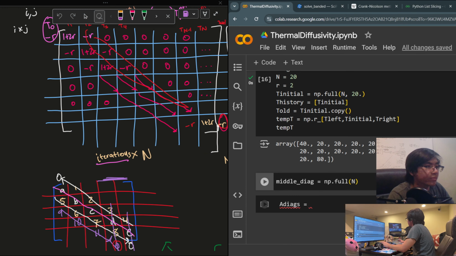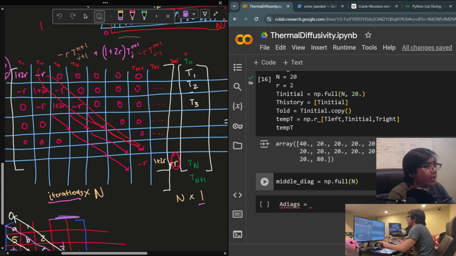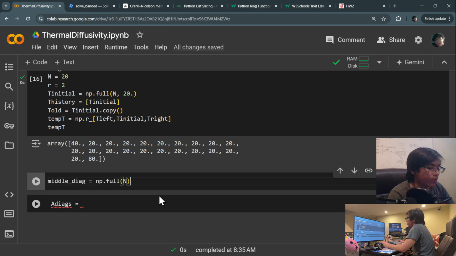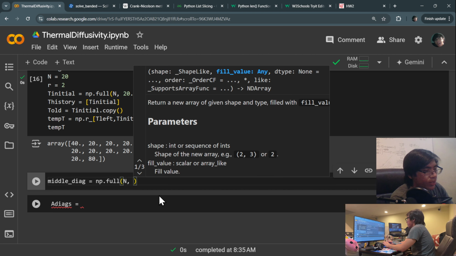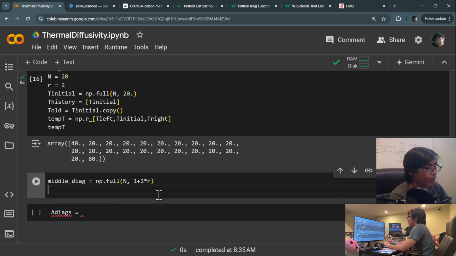Again, 1 plus 2r correlates to every single current position temperature for all our unknowns. You'll notice that it appears for each temperature 1, 2, 3, all the way down to Tn. That is why we just supply Tn for our number of elements, and then we add in 1 plus 2 times r, and go ahead and display that.